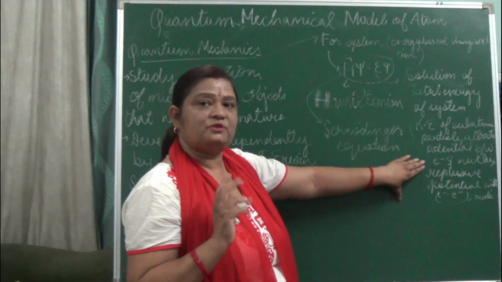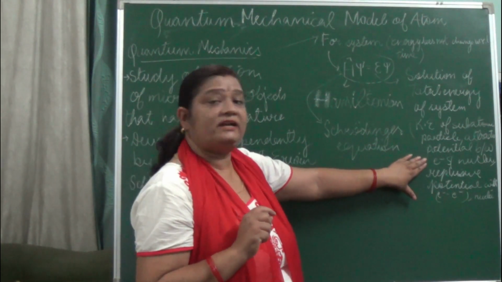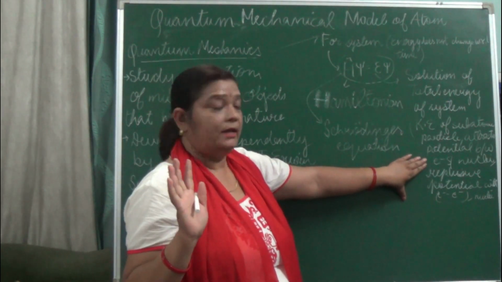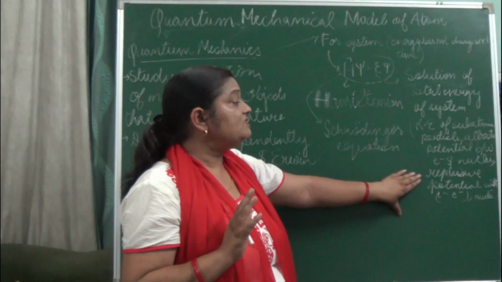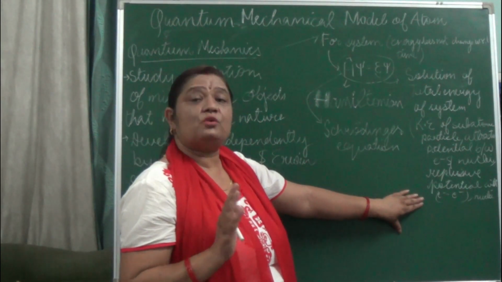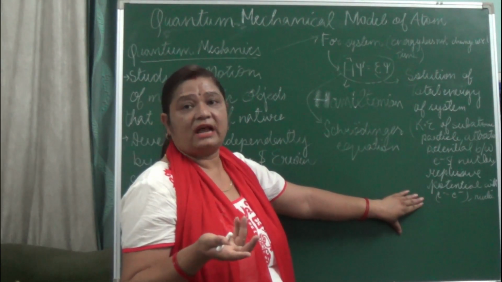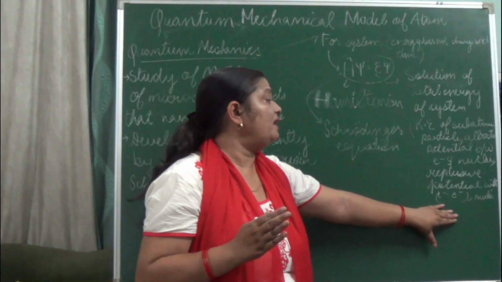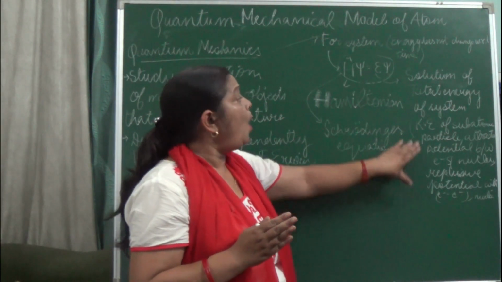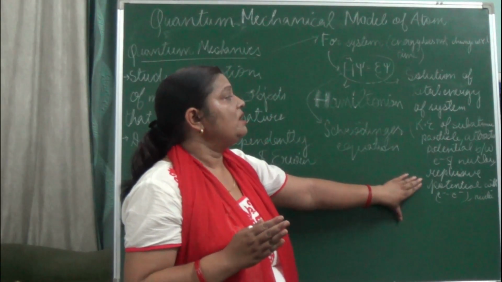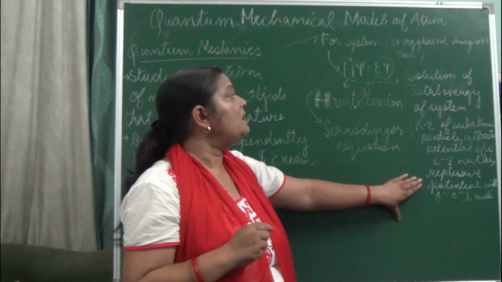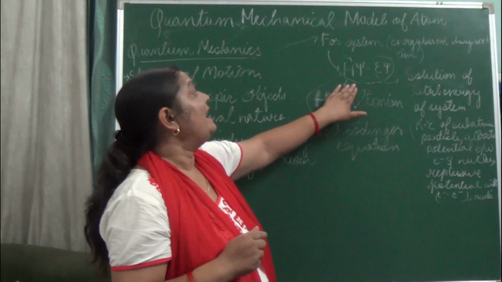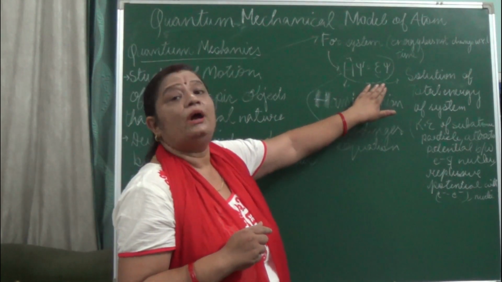So it becomes positively charged, and there is an attractive potential between electron and nuclei. Then there is repulsive potential, since all the electrons have negative charge and naturally they repel, and repulsive potential inside the nuclei. All these make up the total energy of the system, which is expressed by the equation H psi is equal to E psi.